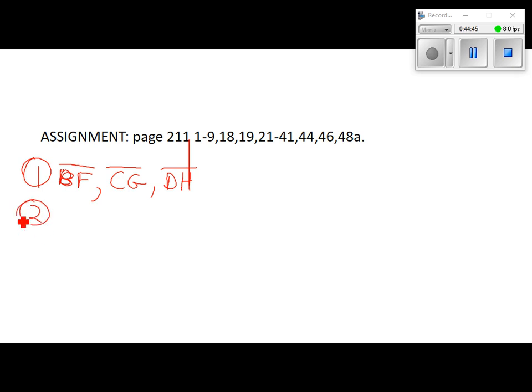Number 2, one segment skew to segment AB. Michael, give me a segment skew to segment AB. HG, second. It's parallel to it. Oh, DH, second.